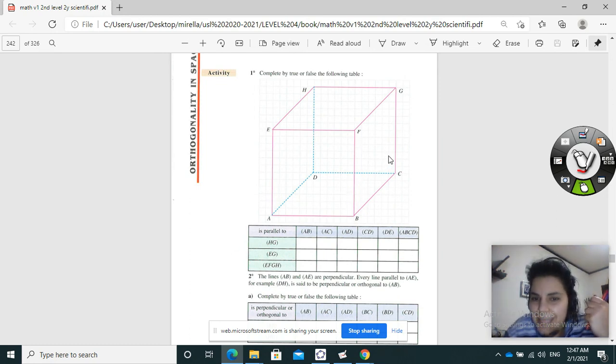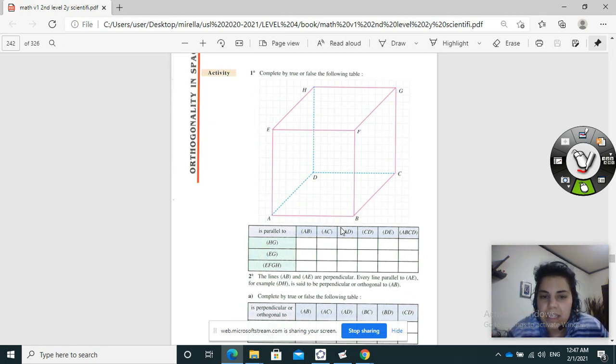And if I translate it, if I move it, this is BF and this is CG, with the third line down here. This third line is perpendicular. So if I move BF it becomes CG, yes, it's 90 degrees, but I say about BF and AC that they are orthogonal.